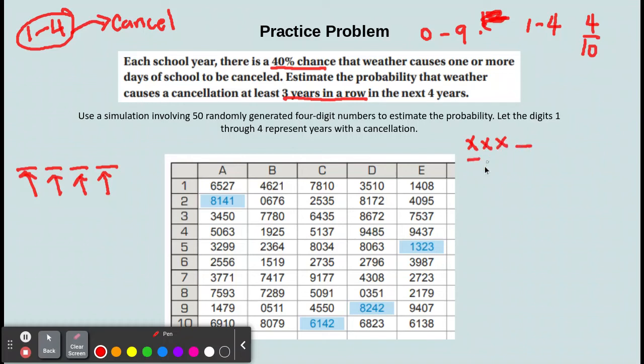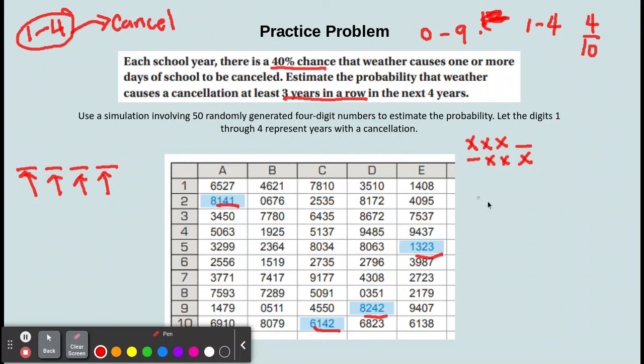It could be not here, but here, here, here. I think that's it, right? Okay, so they already did this for us. Here we see this meets the criteria because 1, 4, 1, those are all between 1 and 4. 1, 4, 2, all between 1 and 4. 2, 4, 2, all between 1 and 4. 3, 2, 3, all between 1 and 4. There are no other numbers that meet that criteria.